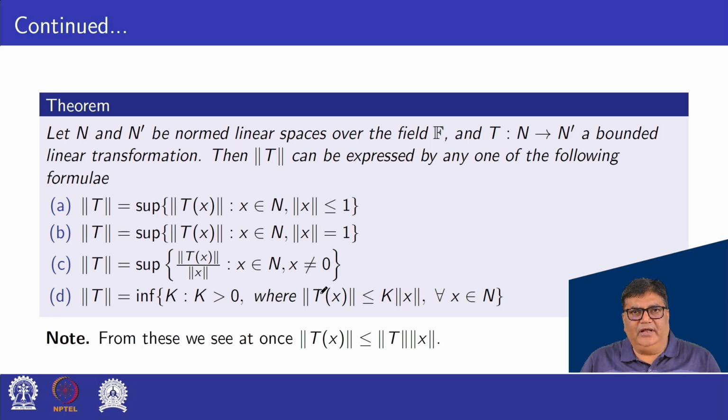So we can write norm of Tx less than or equal to norm T norm x. We replace the k by norm T. So all these four conditions are equivalent.